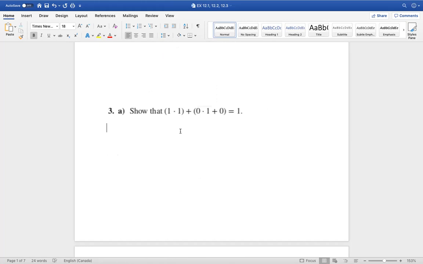Here we have to show that 1.1 plus 0.1 complement plus 0 equals 1.